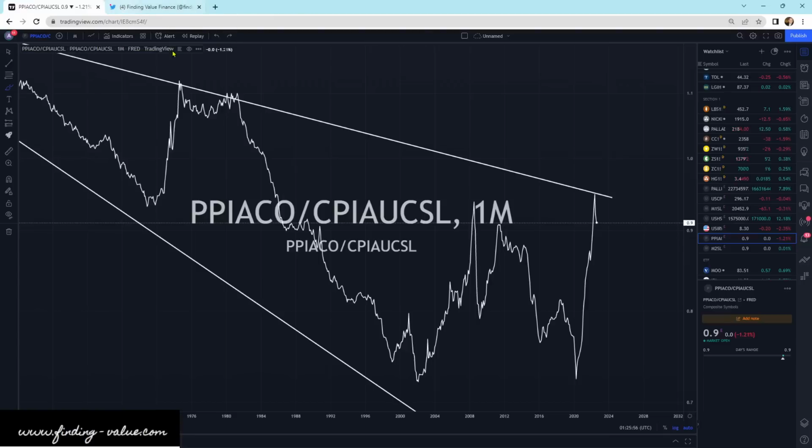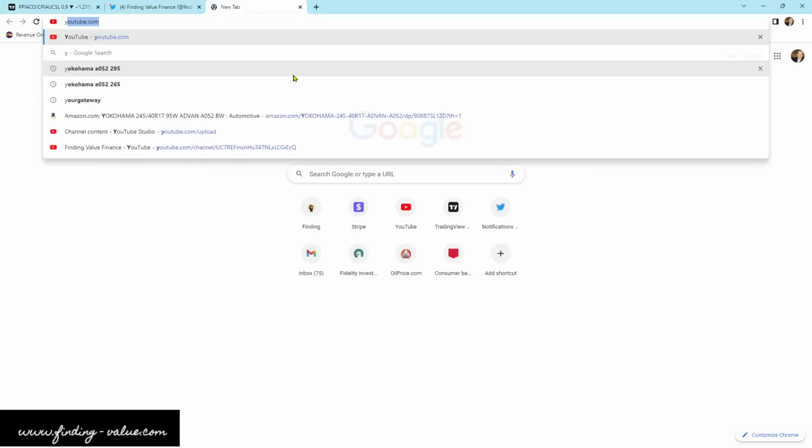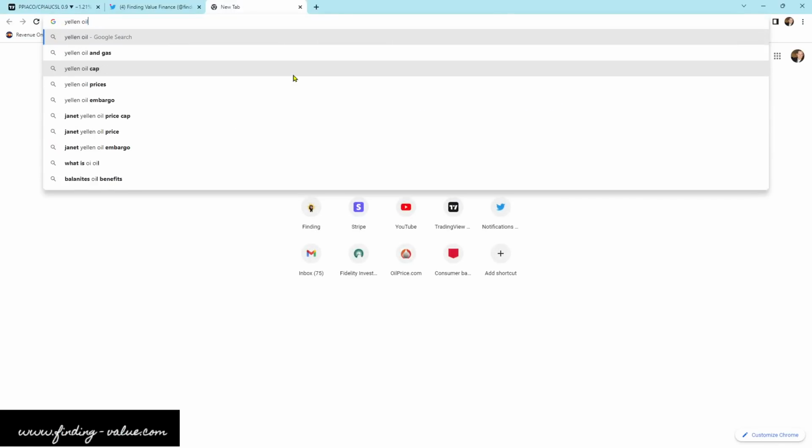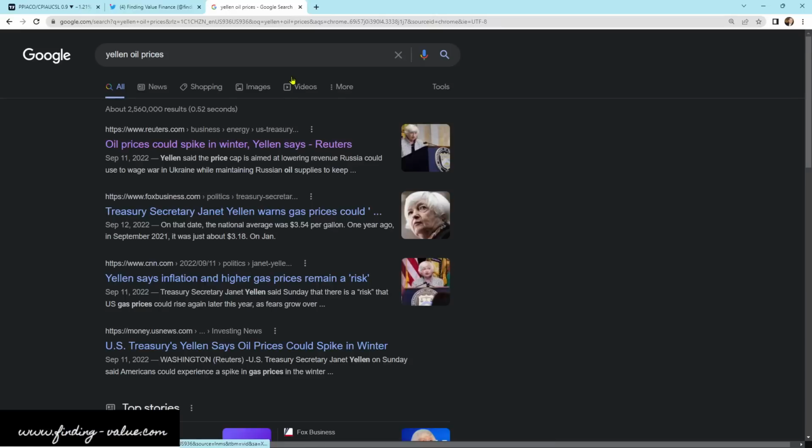So if energy is the driver of the producer price index and eventually the consumer price index, and the SPR releases come undone, I think we're going to go higher. If you were to look at some other stuff, Yellen, in terms of oil prices, I think she said gas prices, oil prices could spike in the winter.